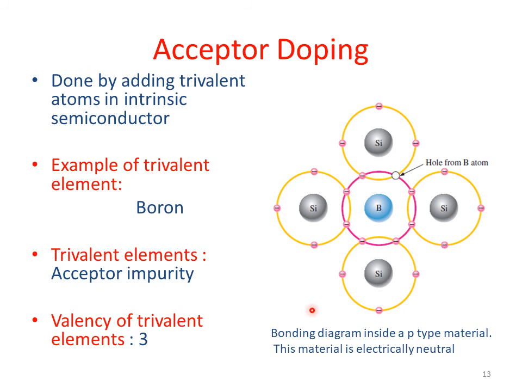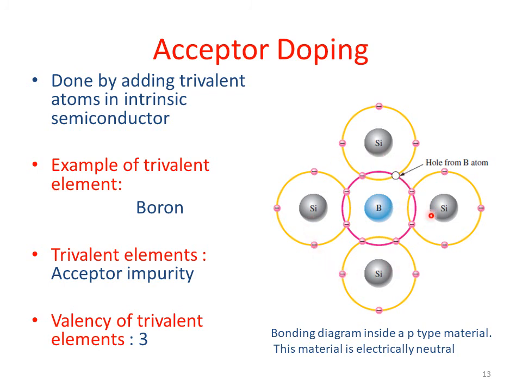Now, similar to the n material, this material is also neutral. For example, this silicon material has an equal number of electrons and protons in its nucleus. This has the same situation, and this boron in fact also has the same situation.